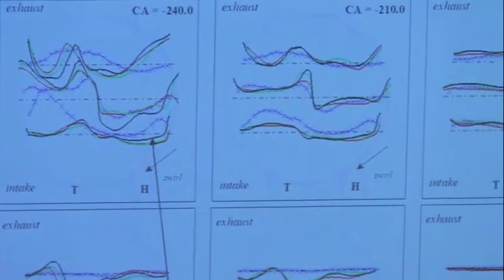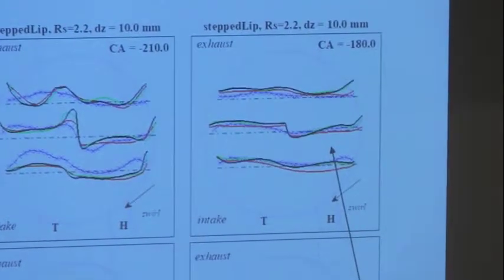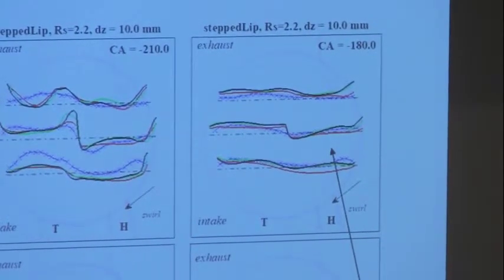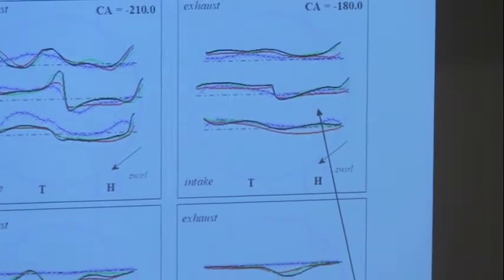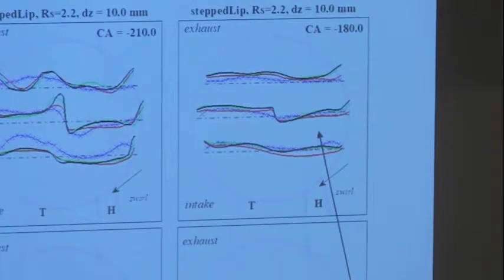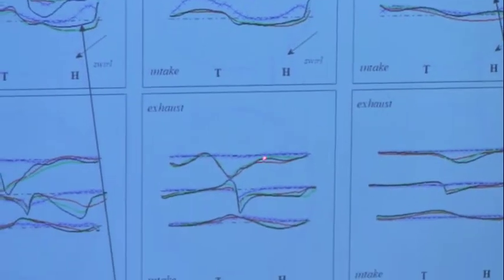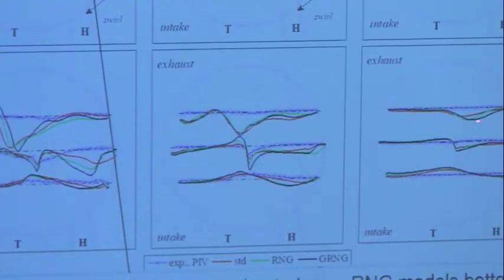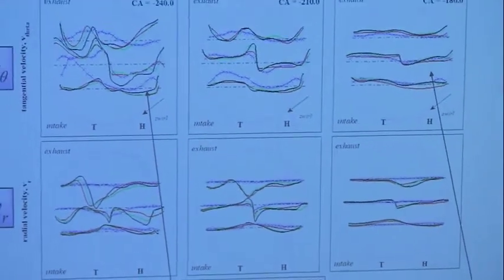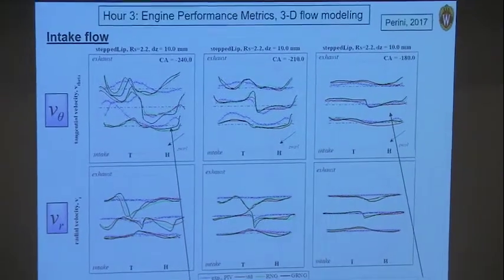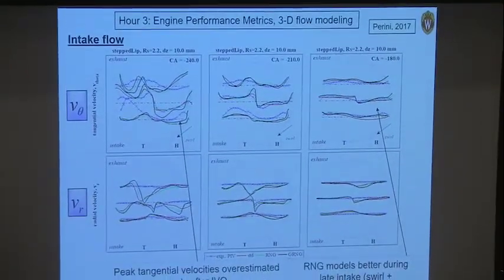But later on, everything kind of approaches the experiment. So, I'm not sure that one could do any better than this. If you look at the radial velocity components, you can see there's significant differences between the experiments and the predictions. Some of this is also in the accuracy of experiments. But this is the best that I know of.